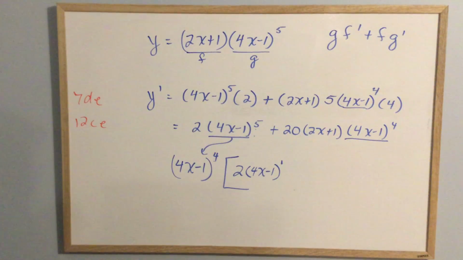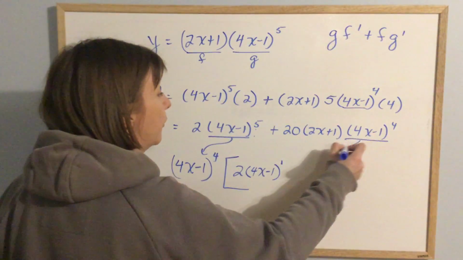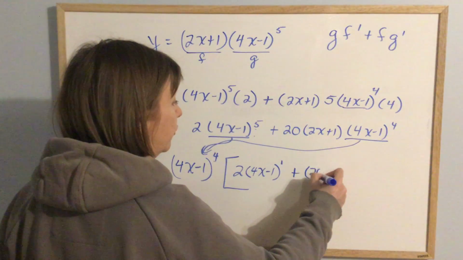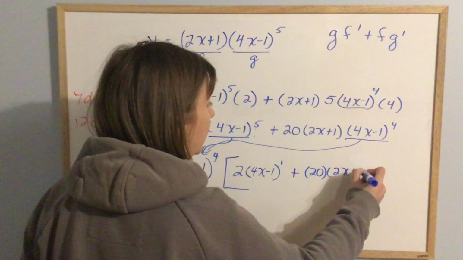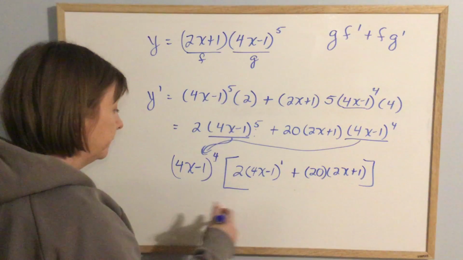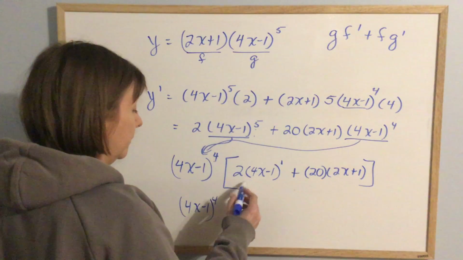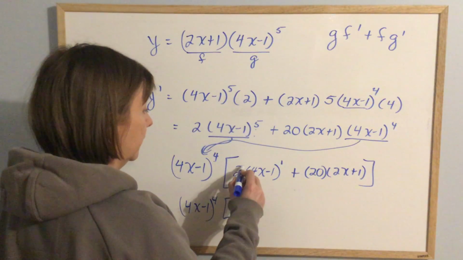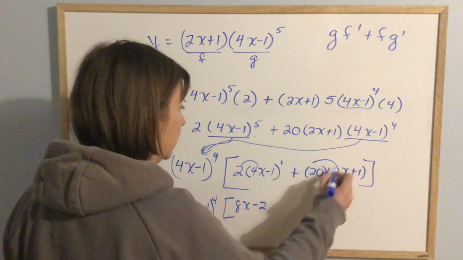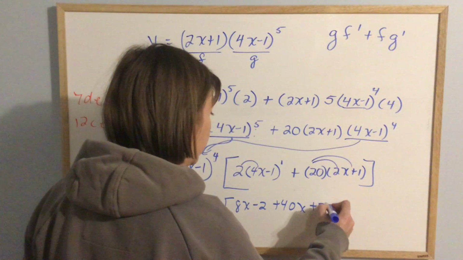So I took out 4x minus 1 to the 4th out of here, and that's what I have left. If I take 4x minus 1 to the 4th and take it out as a common factor, I have 20 times 2x plus 1. This is easily simplified, because this would be 8x minus 2 plus 40x plus 20.